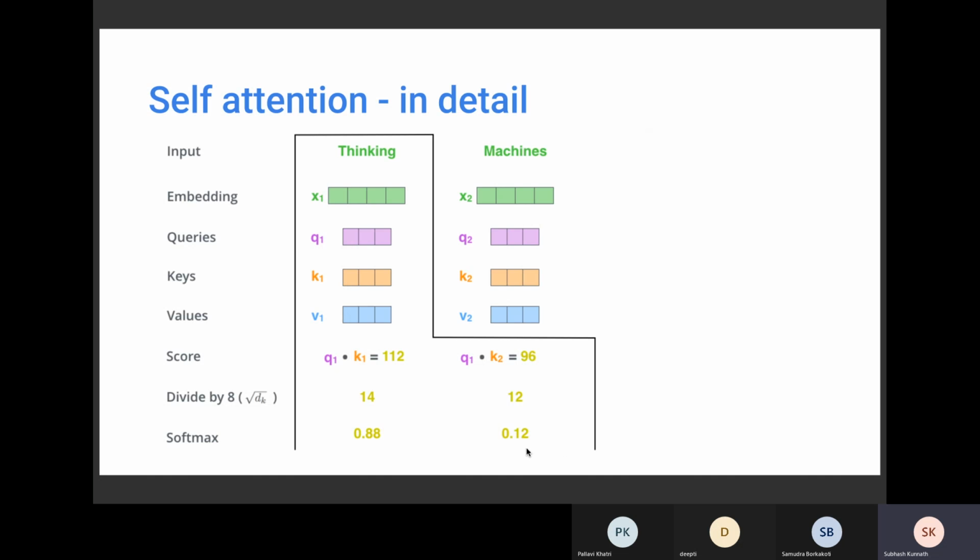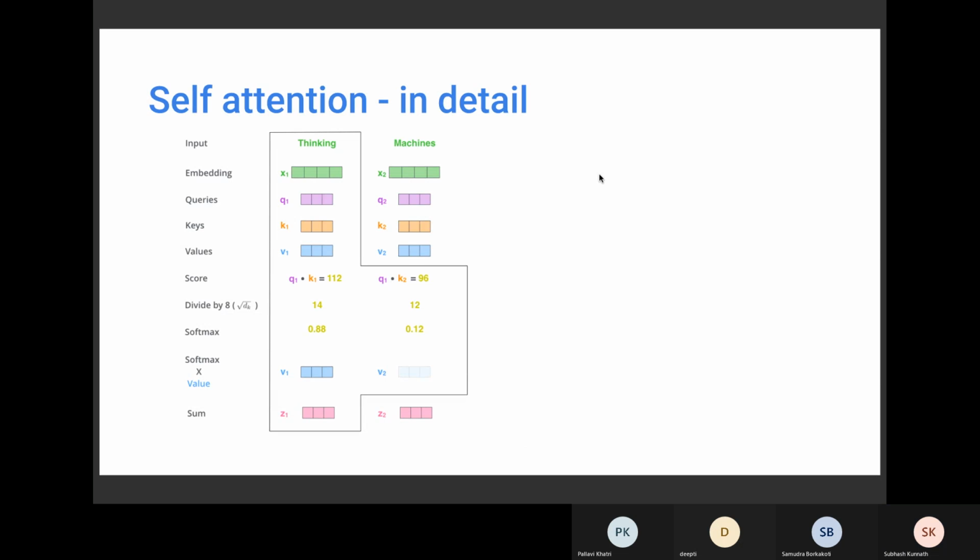So you get these numbers, and that's the weight of each of the words, each with its attention weight. Like v1 has a weight of 0.88, then you multiply 0.88 with v1, and for v2 you have a weight of 0.12.